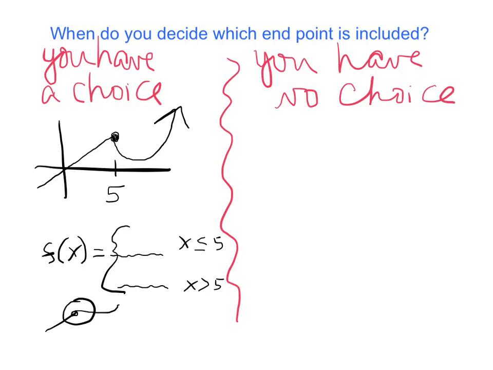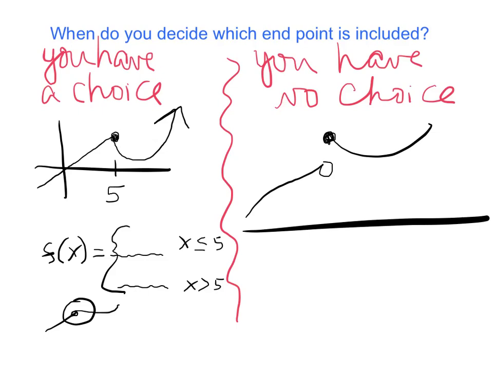And this idea of meeting each other where there's overlap, it doesn't matter which rule you follow, you'll get to the same point, so you have a choice in that situation. But say the graph looked like this, where the 2 points don't meet each other. Or we could have it look similarly like this, like we've got one graph that comes up like this with an open circle here, and then the next one that picks off like that.